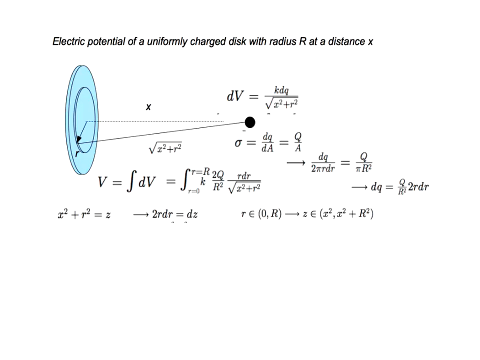The new variable z will actually go from values x squared to x squared plus R squared. With that new variable, our integral for the electric potential becomes integral from 0 to R k times 2q over R squared dz over 2 times square root of z.